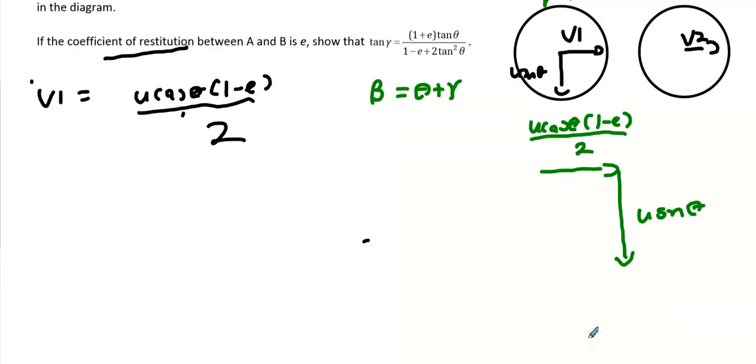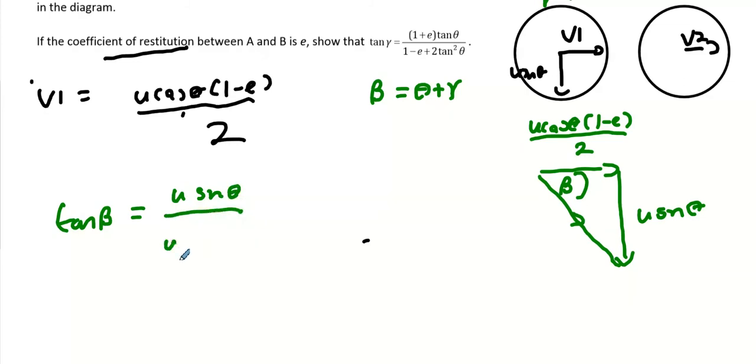Okay. And its angle is B. So essentially tan B, if you were to look for it, would be u sine theta divided by u cos theta, 1 minus e, all over 2.